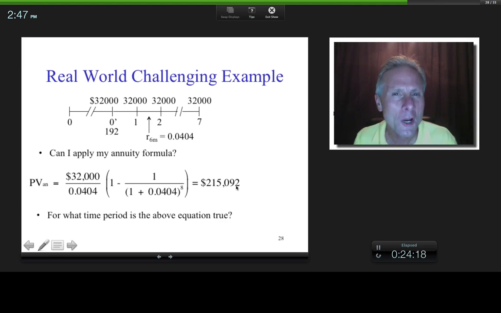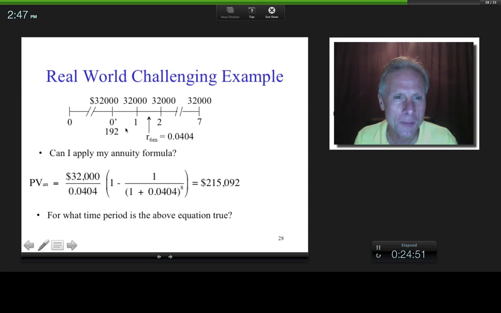Well, when you apply an annuity formula, is the solution at the same time period as the first cash flow, in this example 32,000, or is it 1 period earlier? Well, it's one period earlier, right? So what is one period earlier than 192? Well, if you said 191, sorry, you'd be wrong. Think about why.